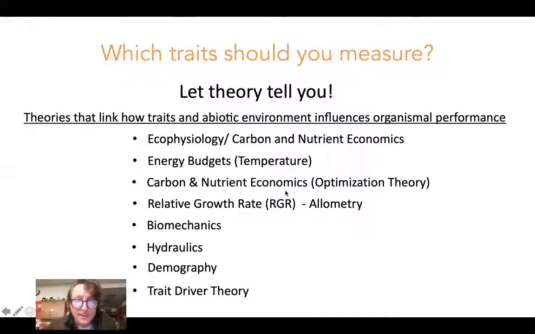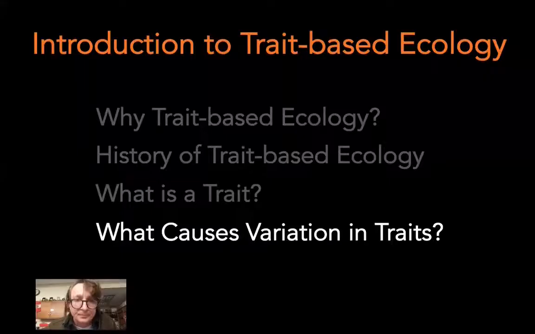Carbon and nutrient content is going to relate to theories of optimization of growth, nutrient limitation, R-star theory, and so on. Allometry, biomechanics, hydraulics, demography, something known as trait driver theory, all of these different lines of literature tell you which traits you should be measuring, because the theoretical basis tells you which traits to measure. Okay, but we'll have more to say about that later.